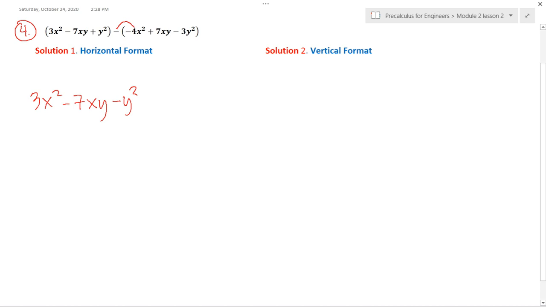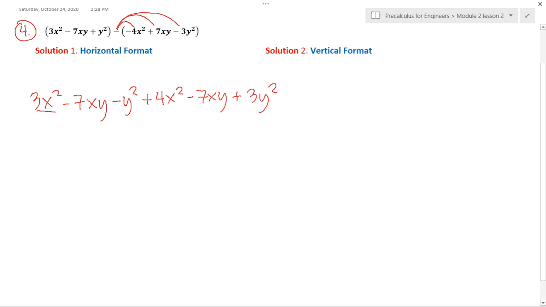Negative 1 times negative 4x squared, so we have positive 4x squared. Negative 1 times positive 7xy, we have negative 7xy. Negative 1 times negative 3y squared, we have positive 3y squared. Then, combine same terms.